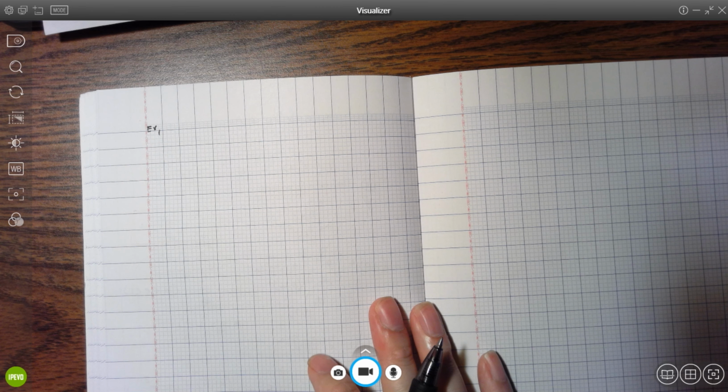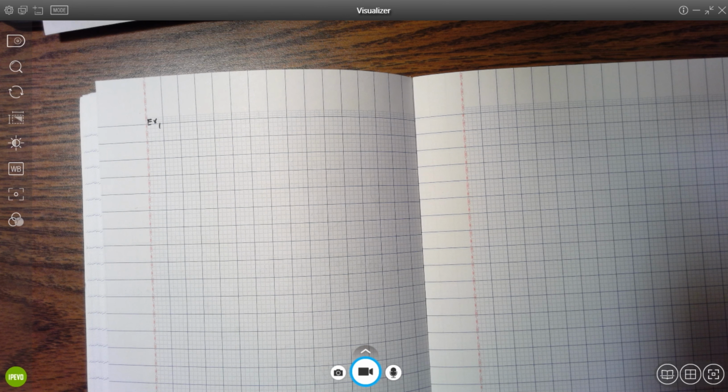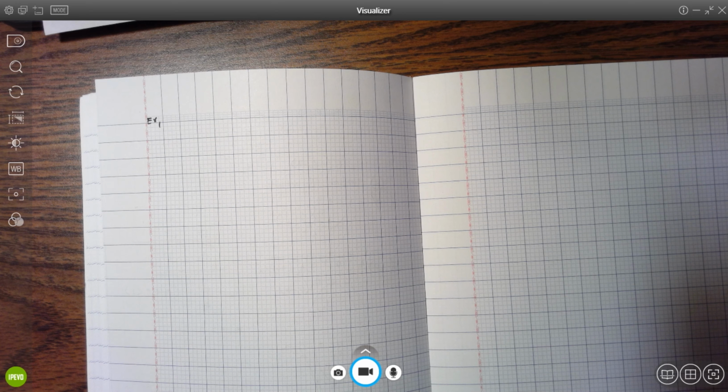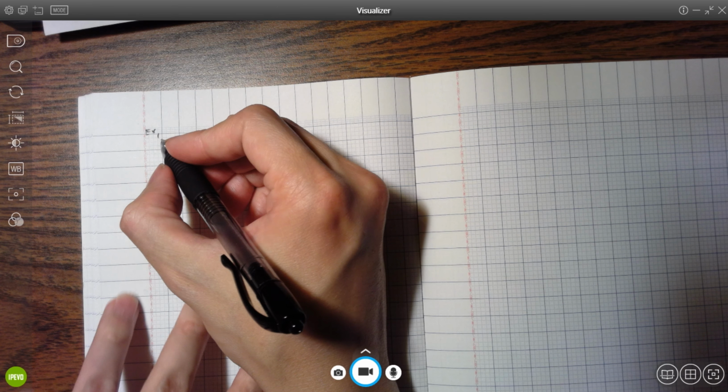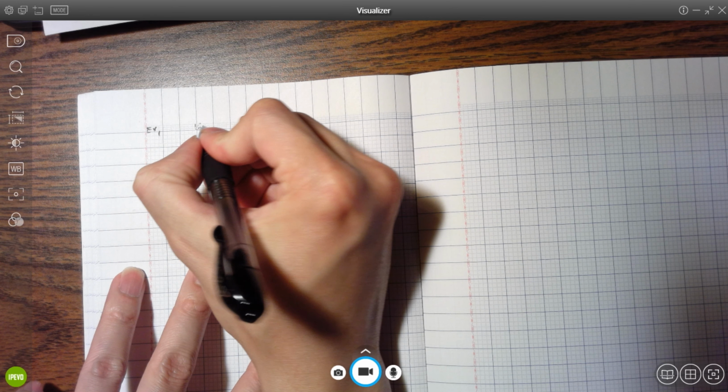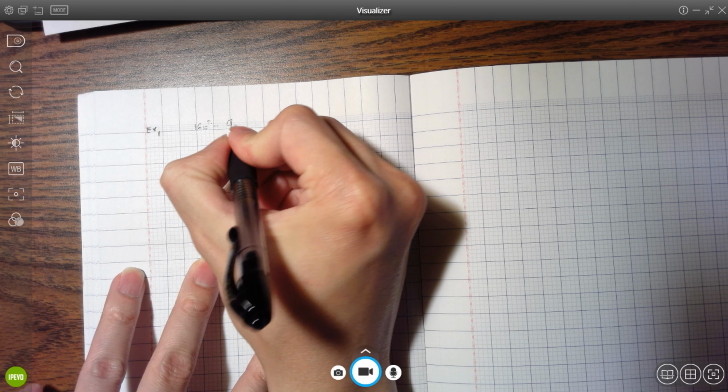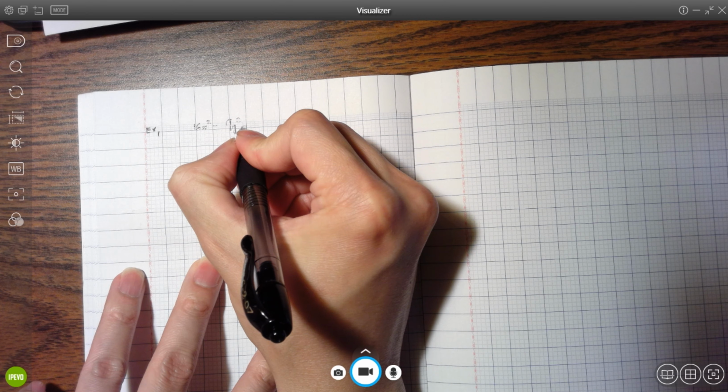What if I have something like this? So I have the equation 16x squared minus 9y squared equals 144.